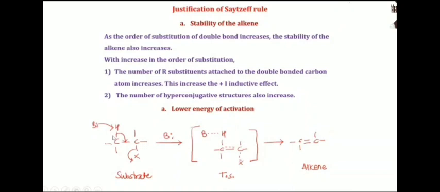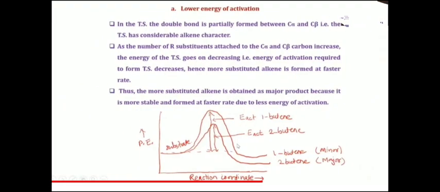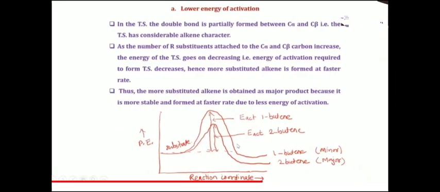Then the second one, lower energy of activation. Look at the transition state. Here the double bond is partially formed between C alpha and C beta, that is, the transition state has considerable alkene character.